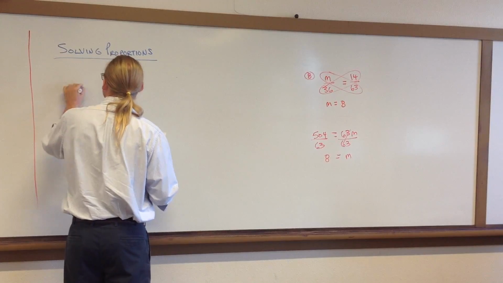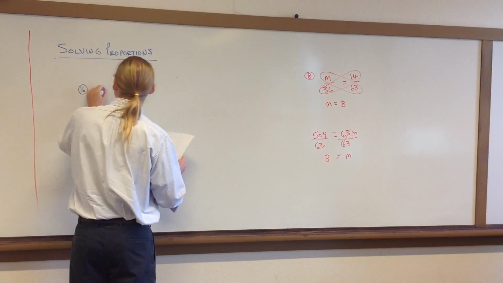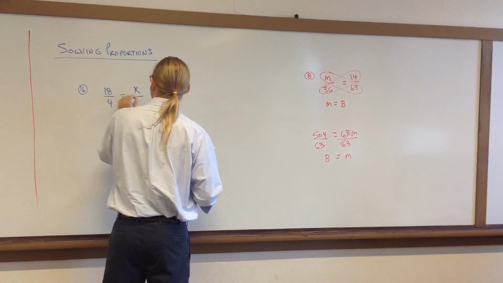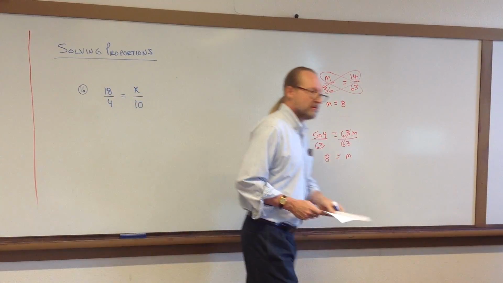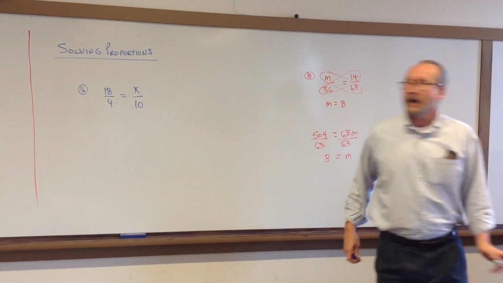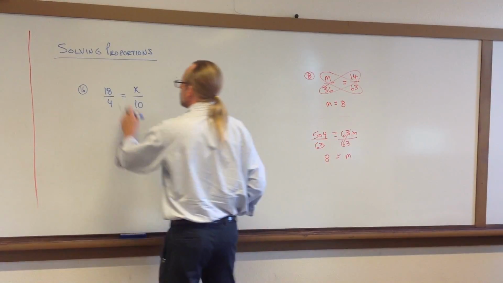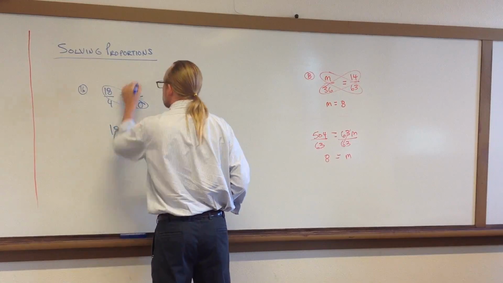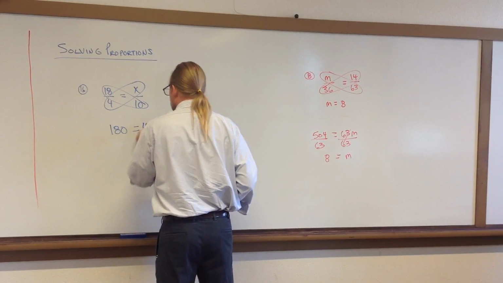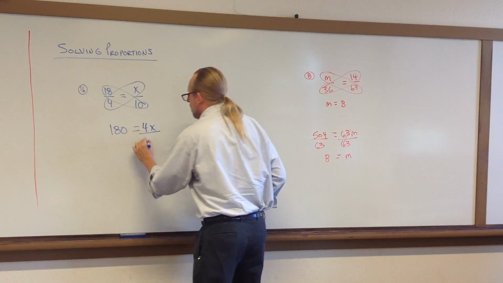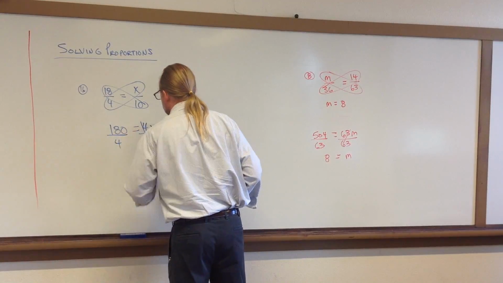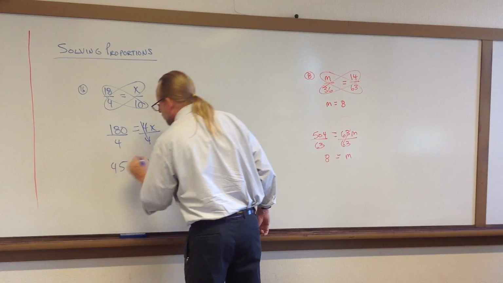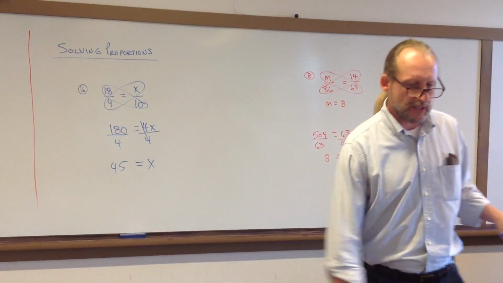So, problem 16, we've got 18 over 4 equals x over 10. And let's see, I'll do the cross multiplication here. 18 times 10 is 180. 4 times x is 4x. And then if we divide on both sides by 4, let's see, that 180 divided by 4, that should be 45. Let me double check that.